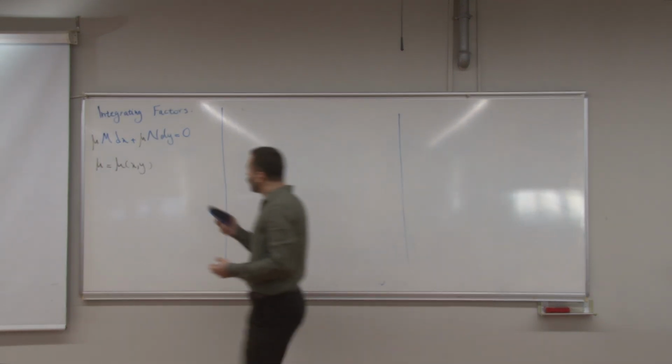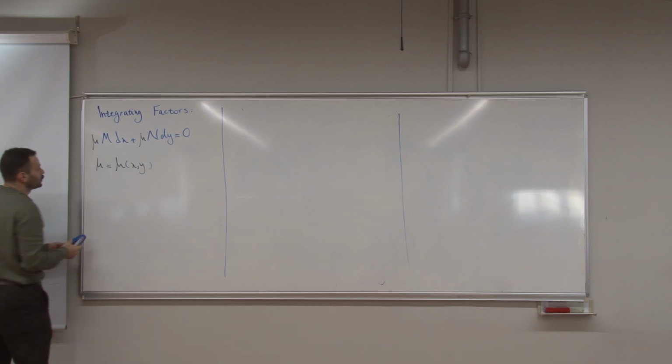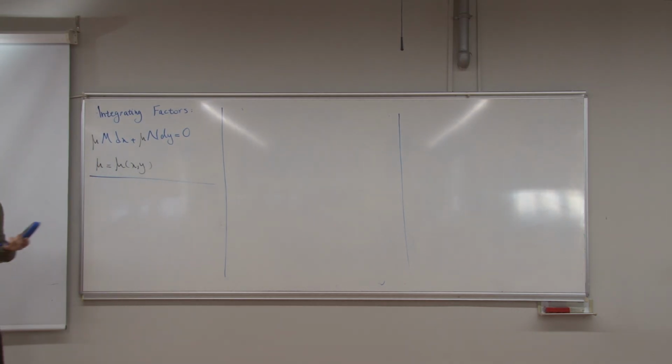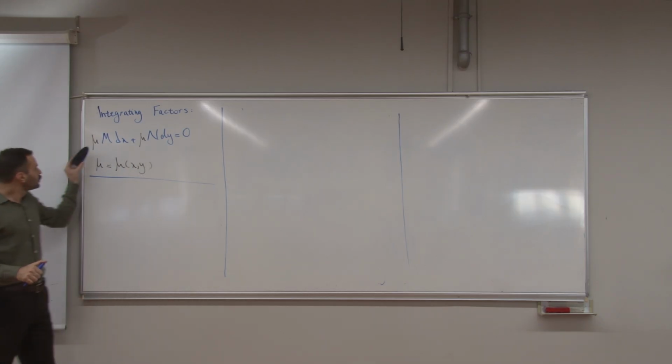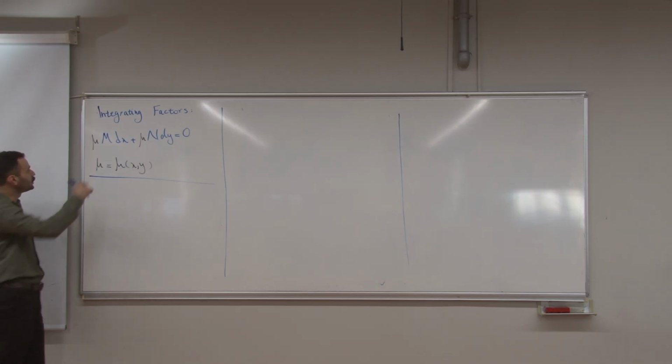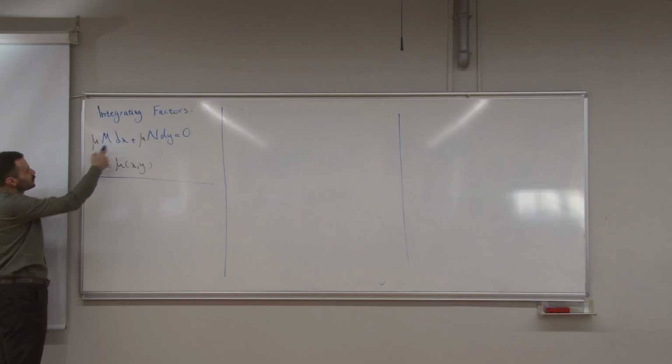But how can we find these integrating factors? Look at this. If you assume that this equation is exact, what does it mean? It means that the condition for exactness must be satisfied, right? What was the condition for exactness?